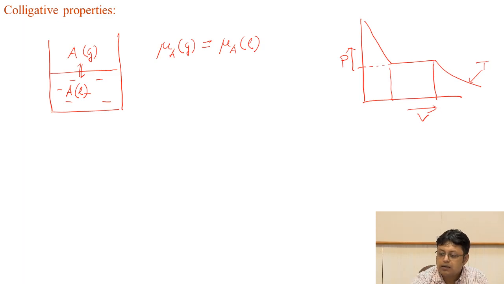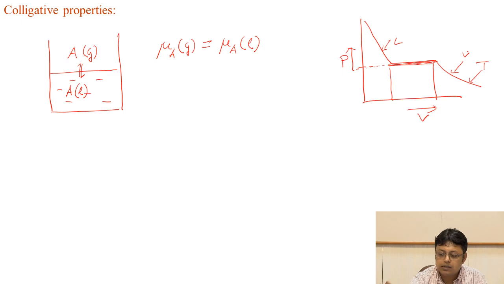And at a particular temperature, if you keep on increasing the pressure, you can achieve boiling also. Or for a fixed pressure, a particular temperature will have a boiling temperature. So for water, 1 atmospheric pressure corresponds to 100 degrees centigrade. Now when boiling happens, the volume of course changes, but the liquid is now in equilibrium with the vapor. So this is the liquid and this is the vapor.